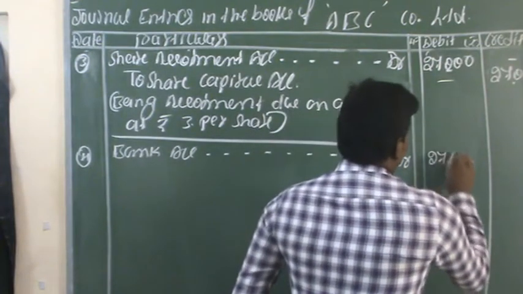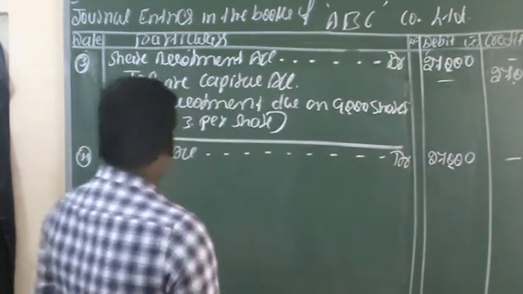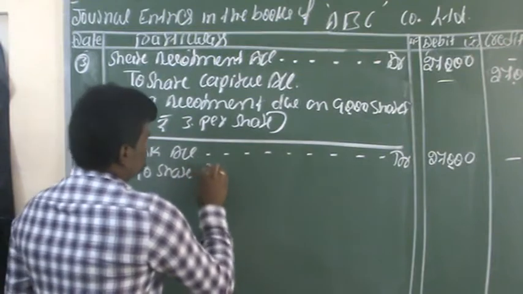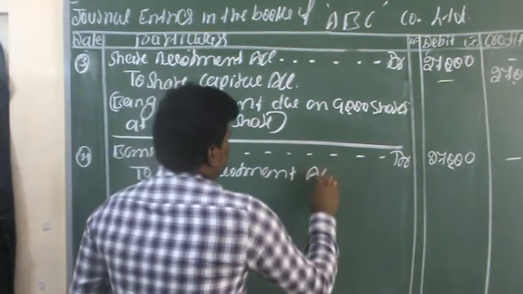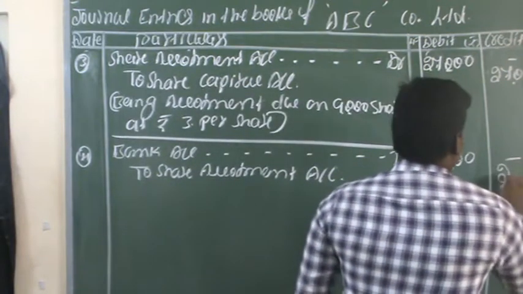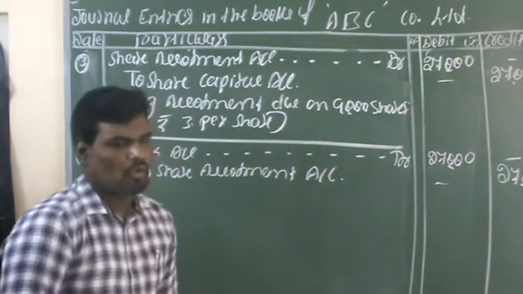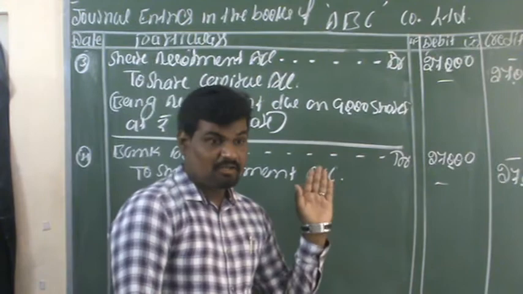So we are receiving 27,000 rupees by way of the allotment stage. Bank account debit to share allotment account. The amount is 27,000. This is the next entry for the allotment money received.